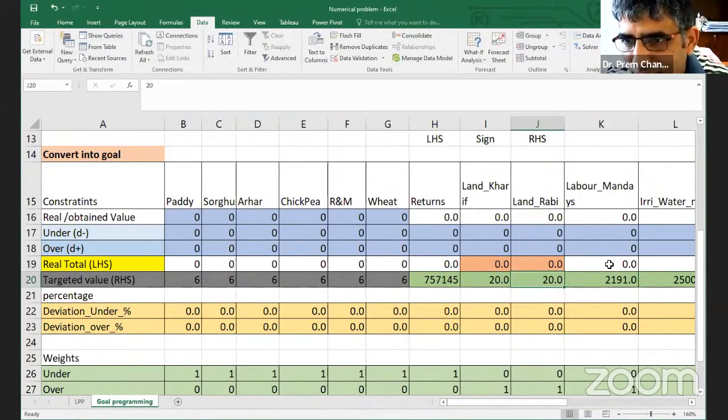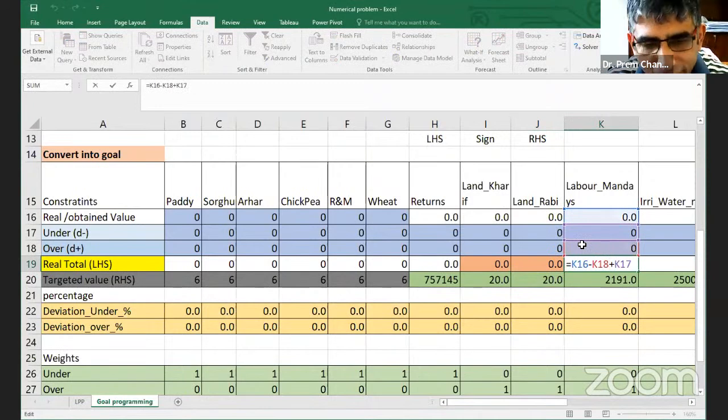Similarly, in Rabi also, I have not allowed the over deviations. For labor, I am flexible. If some additional labor is required, I will do it.